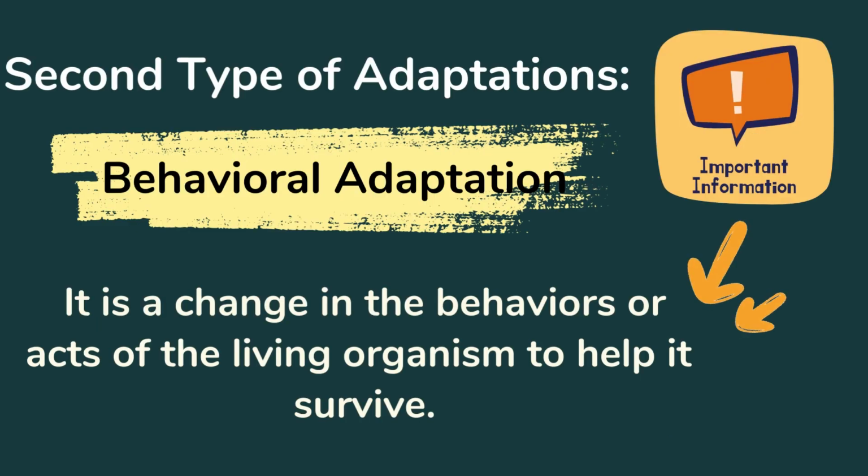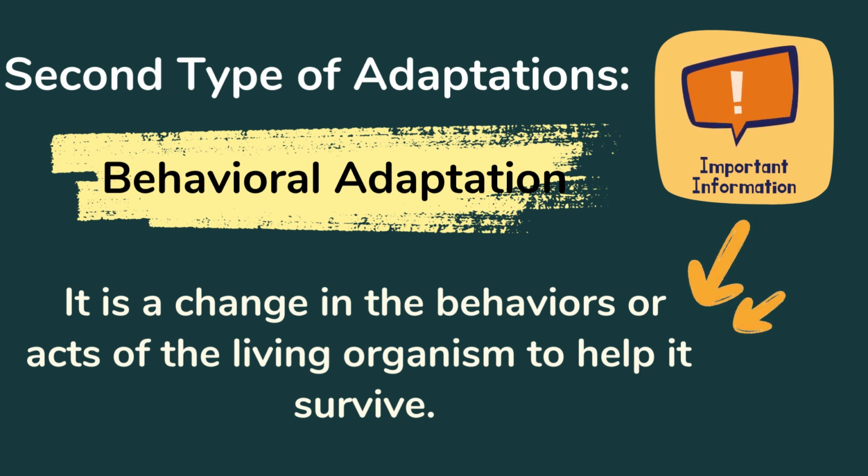Okay. So now we simply discovered the second type of adaptation, which is behavioral adaptation. From its name, it is a change in the behaviors or acts of living organisms to help them survive. The migration is not a change in their bodies, using an umbrella is not a change in the body structure, and finding a shaded area isn't a change in the body structure.